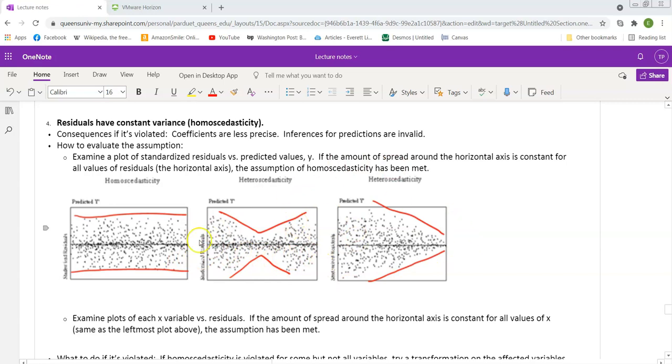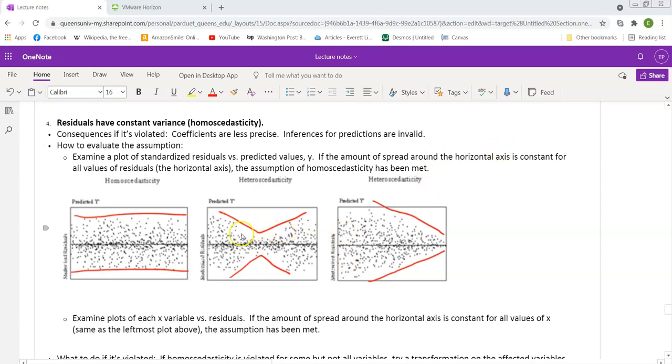Here are a couple of different common ways you might see heteroscedasticity, which is bad. This one's called the bow tie effect, for obvious reasons, where in the middle there's not a lot of variability, but on the ends there's a lot. And then you might see something called the megaphone effect, also for obvious reasons, where on one side you've got a lot of variability, but not a lot on the other.